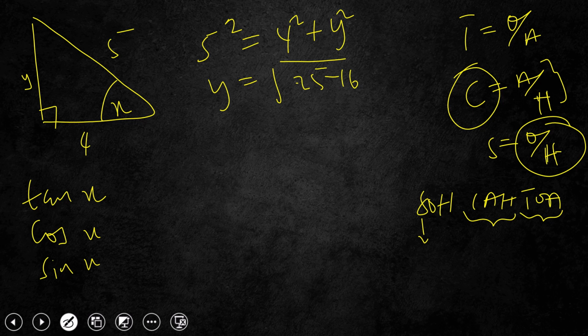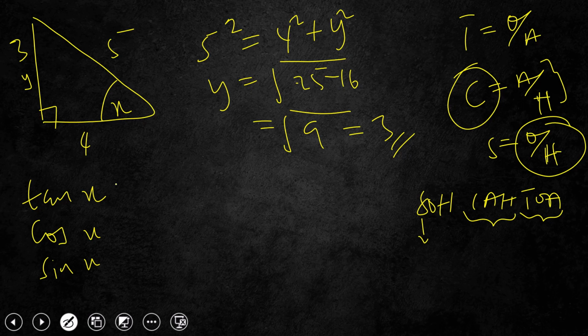I have skipped most of the steps; I'm sure you can fill that in. This is just a quick recap on trigonometry so that we can start with the mechanics class. Now 25 minus 16 is going to give me 9, and the square root of 9 is 3. Therefore, this side is 3.